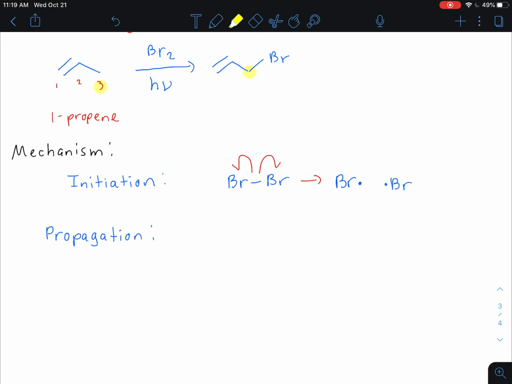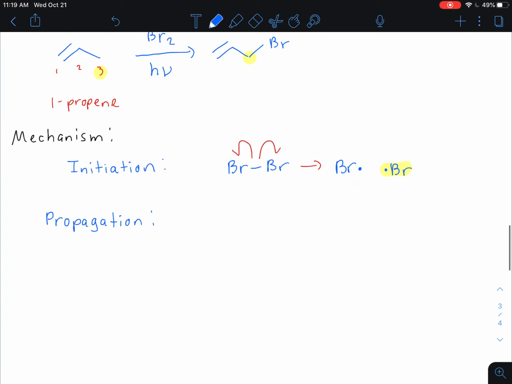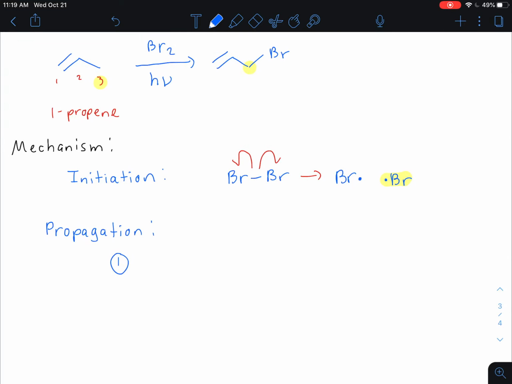So then propagation will be broken up into two steps. And let's track it like we did before. Here I've made bromine radical. Now I'm going to consume bromine radical in propagation step 1. So here's my 1-propene. And what's going to happen, let me draw in the hydrogens on that allylic carbon.